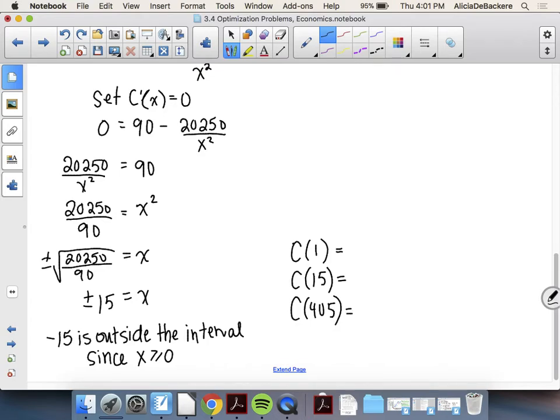And I actually don't have these calculated, but what I'm going to find is that the minimum cost comes from the 15. So I'll just substitute these in. In the first one, I get 90 times 1 plus, and then I'll keep substituting those in.